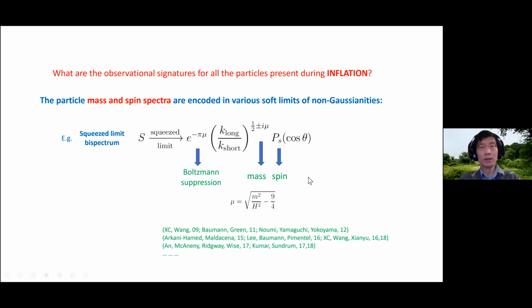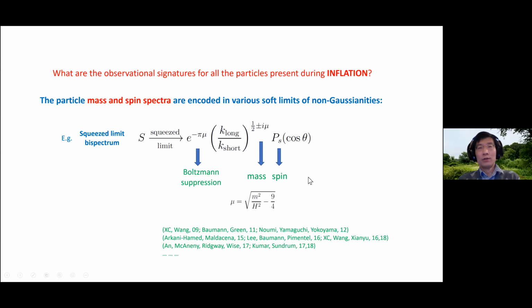Through many studies, it has been known that the mass and spin spectrum of those particles are encoded in various soft limits of non-Gaussianities mediated by those massive fields. For example, if we look at the bispectrum, the three-point correlation function, and take the squeezed limit, the bispectrum is proportional to a power of the ratio of the wave number of the long wavelength mode to the short wavelength mode.